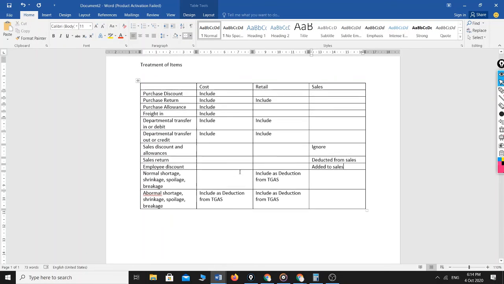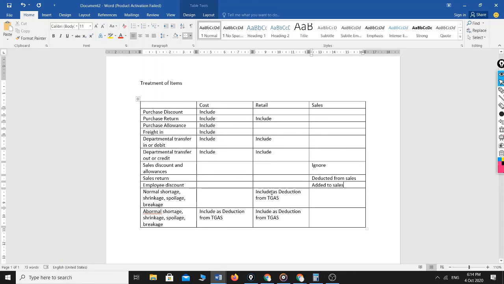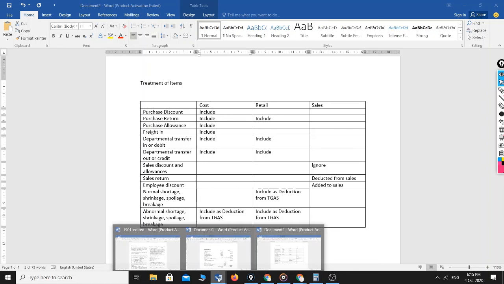If there is shortage, shrinkage, spoilage, and breakage, when the amount is normal, it is a deduction of the retail only. But if the amount is abnormal, this is a deduction to both the cost column and the retail column. Once you encounter this item, you will know whether to apply it to the cost column or the retail column. So this is your guide.